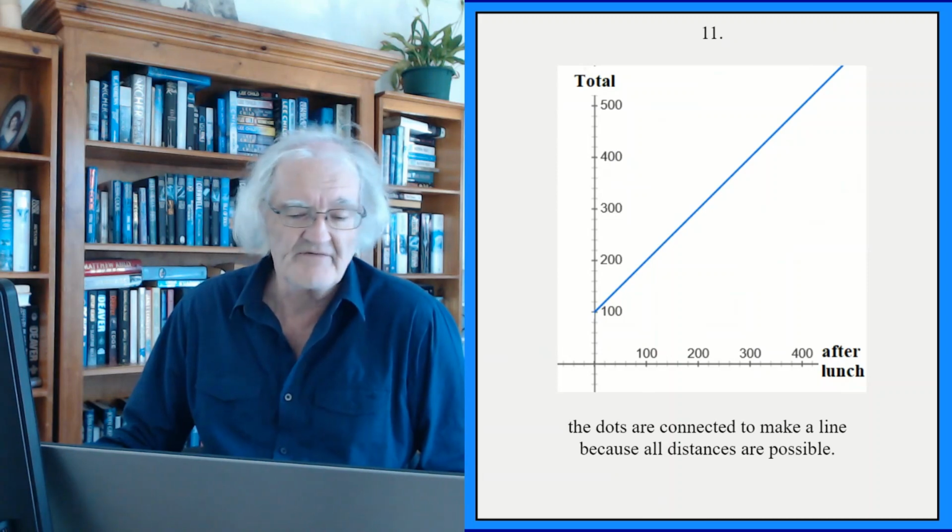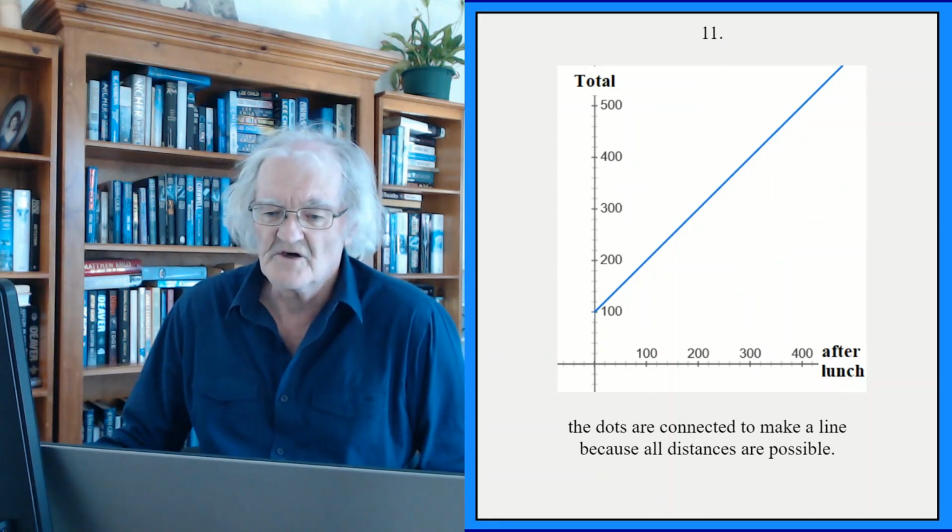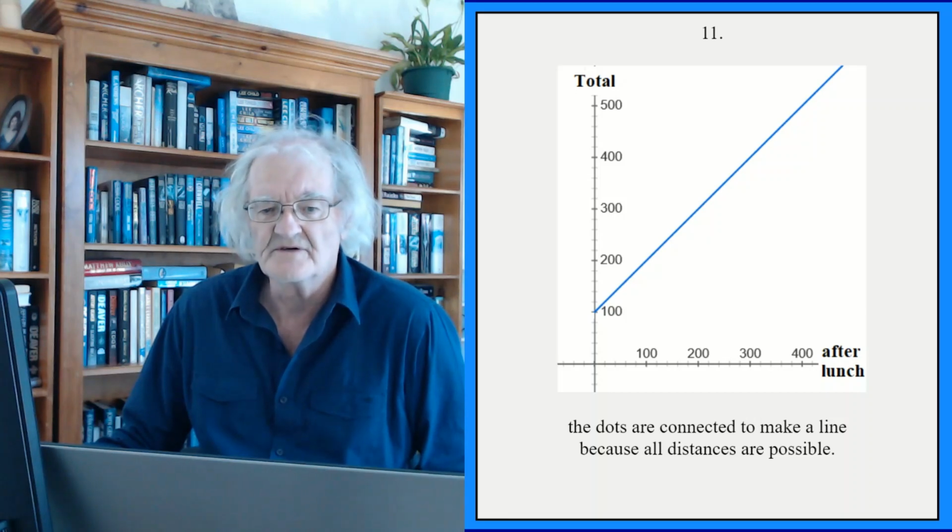So here's the graph. The dots have been connected to make a line because all distances are possible. It's a little artificial to say we'll go 100 or 200 or 300 kilometres after lunch.